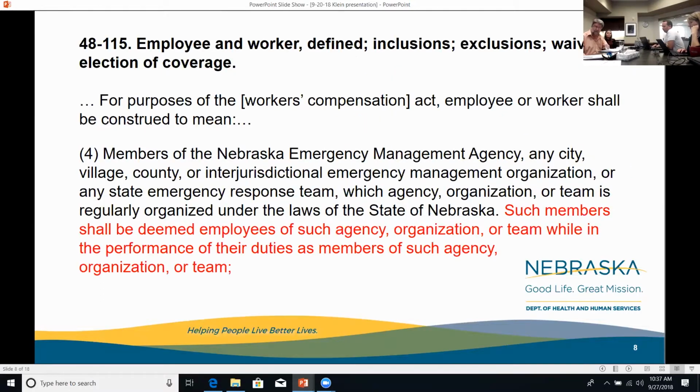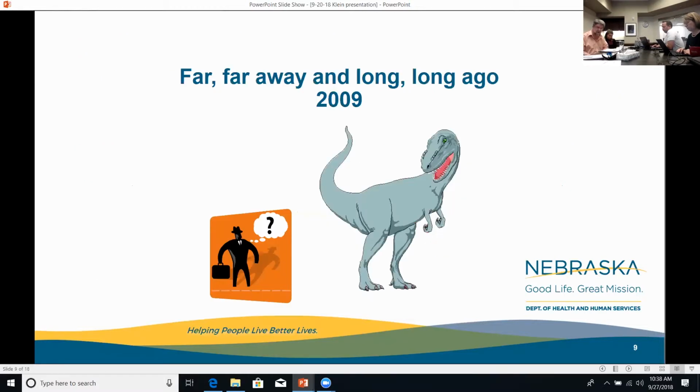And that's significant for volunteers because, again, the workers' compensation statutes themselves include in the definition of employee not only members of the emergency management agency or a local response organization, but also any state emergency response team in which the agency organization is regularly organized under the laws of the state. In those instances, if you're on one of those teams, you're deemed employees of the agency. And therefore, if you were injured, you would be entitled to workers' compensation coverage.